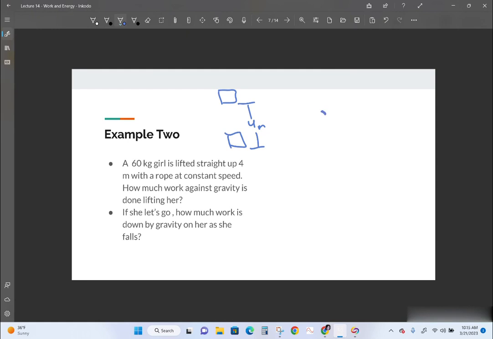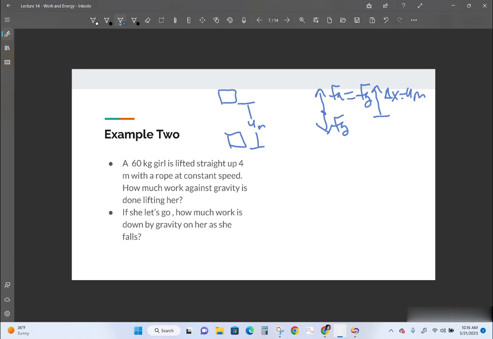Well, she has weight, and you are lifting with an applied force, and that applied force has to be equal to the weight, bare minimum. And you are going to lift her a displacement of 4 meters.